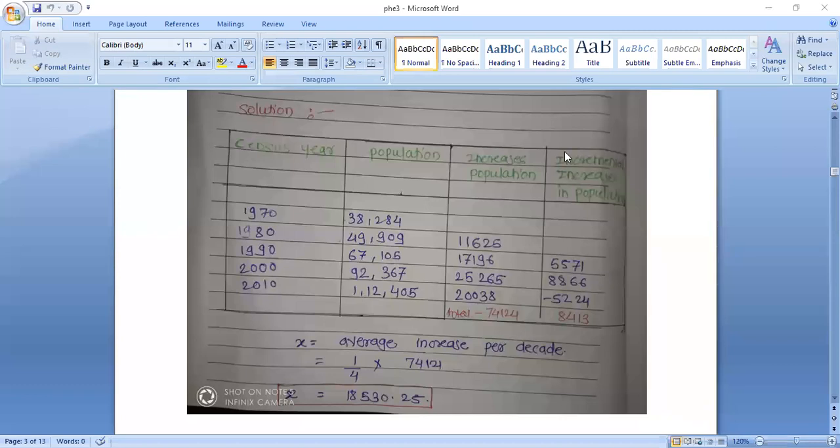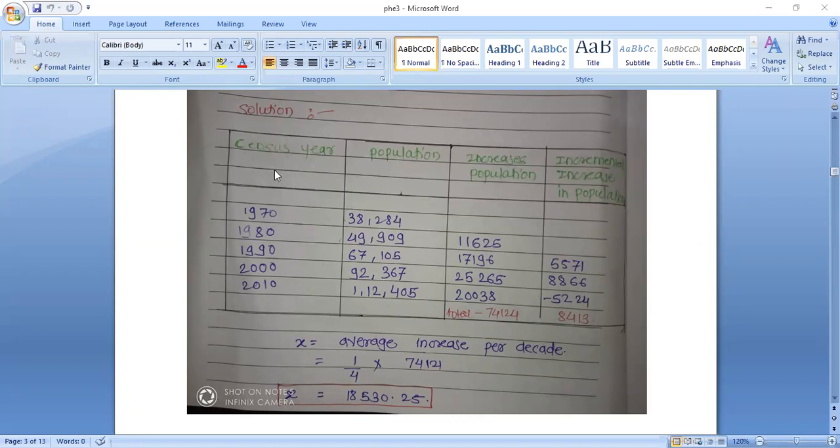Now see the solution of this problem. In the solution, the first step is we have to prepare one table like this. You can see the table on the screen. This table has 4 columns.